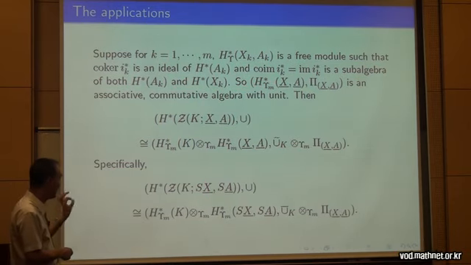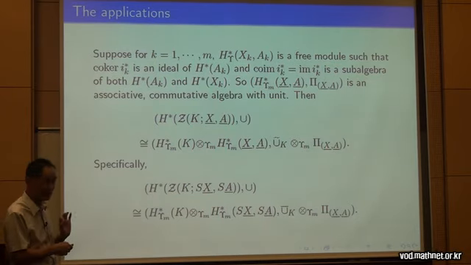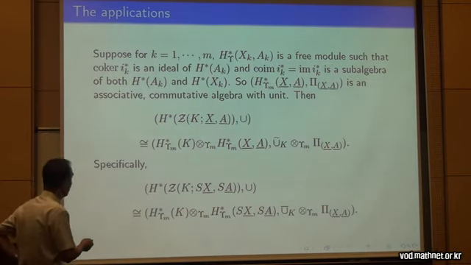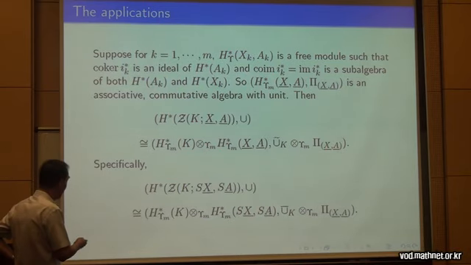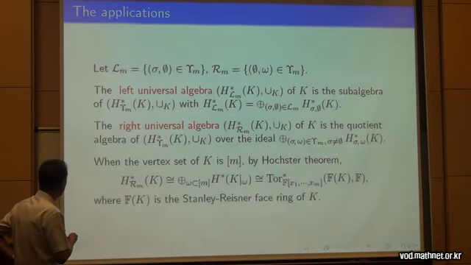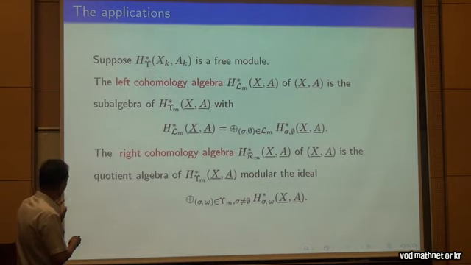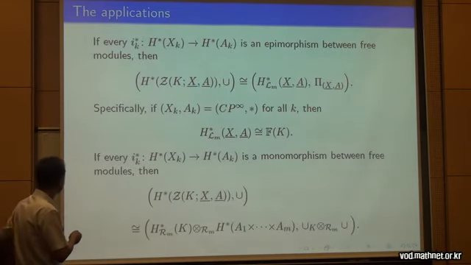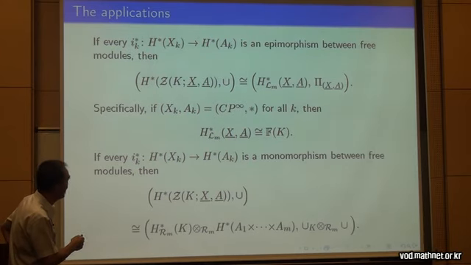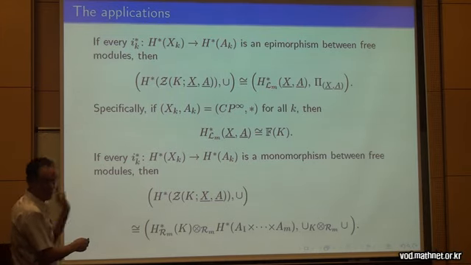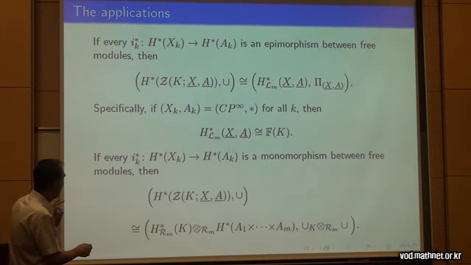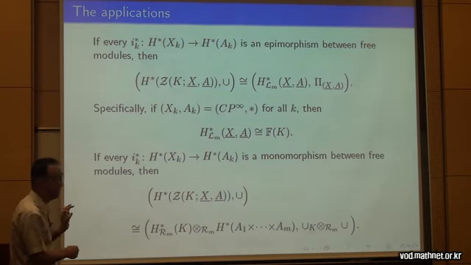So in many actual cases, the computation is not very difficult. Let's see the final result: if this homomorphism is an epimorphism, then we can replace it by an even simpler one, the left universal algebra. And especially when this equals this, it is the Stanley-Reisner ring.